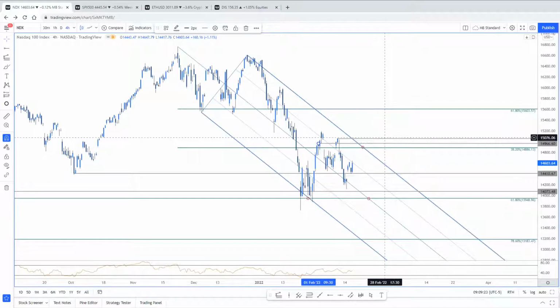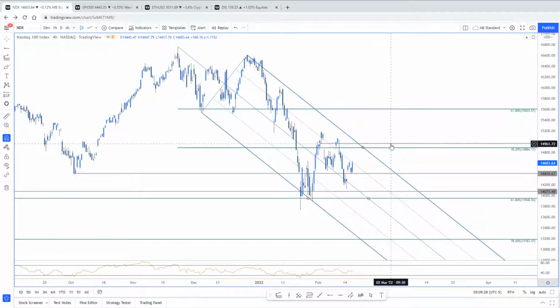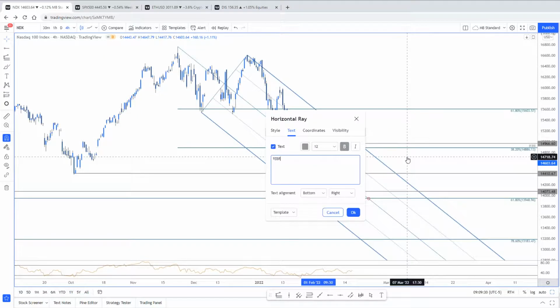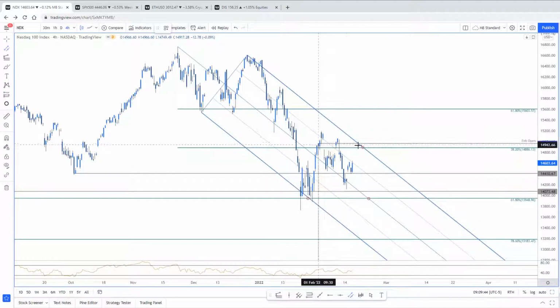Yeah, that's your monthly open. Key resistance range. That's your bearish inval.